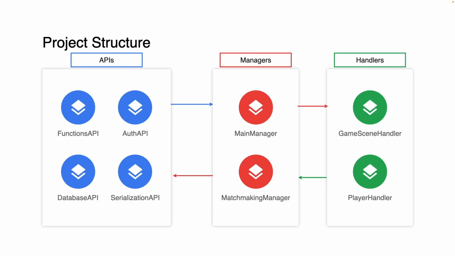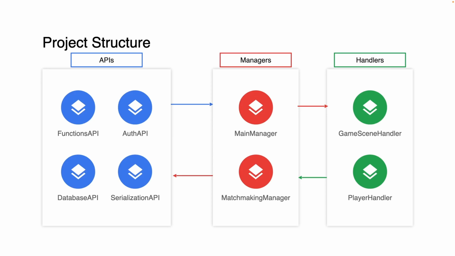There is the APIs. Basically, the APIs are supposed to be static classes, so that there is just one instance for every class, they're static, and they are supposed to communicate with services that are outside of the application. So, for example, they will communicate with the Cloud Function Firebase API, the Authentication API, the Database API, or they will just be some utilities that are useful, like serializing and deserializing JSON.